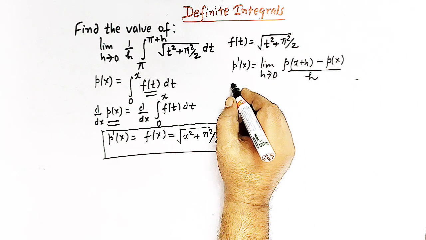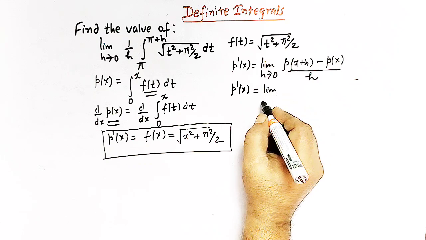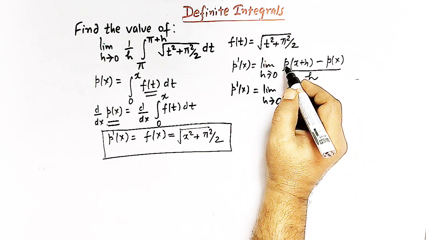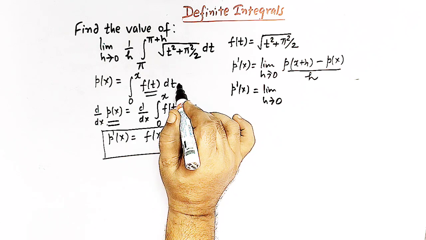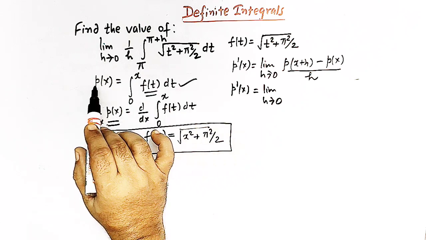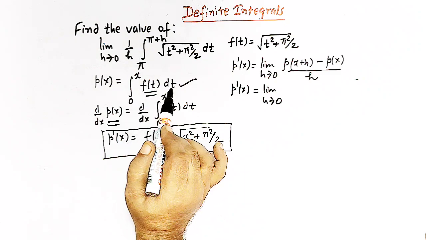So now we can write p prime of x as the limit h tends to 0. Now p of x plus h can be obtained from this expression. Here p of x is equal to the integral 0 to x of f of t dt.